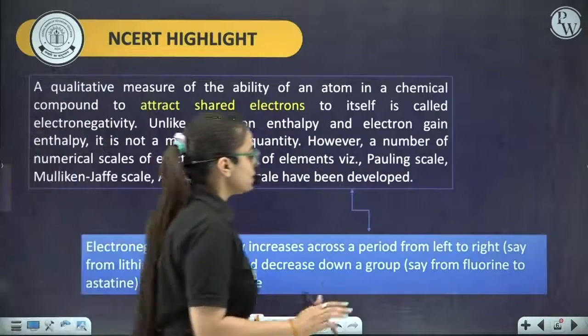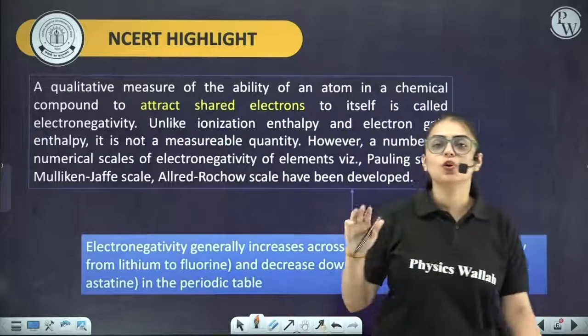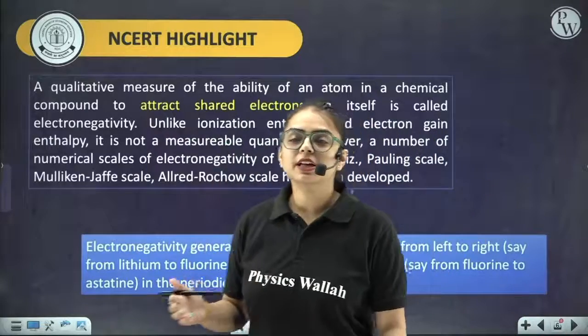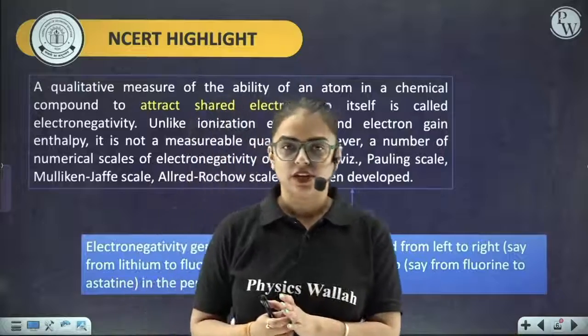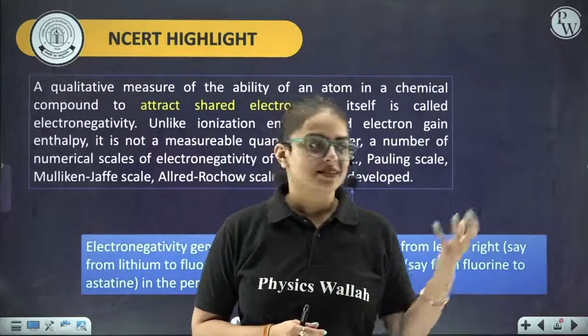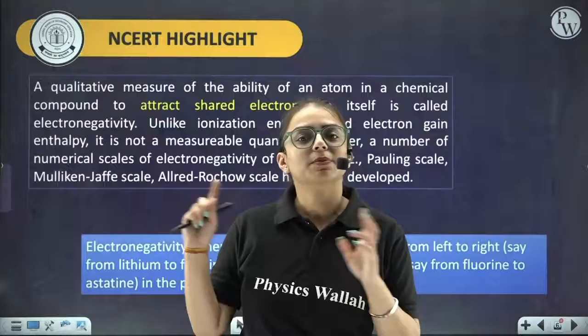One more thing, which is the most electronegative element among the whole periodic table? So let me tell you students, electronegativity is sharing of electrons, right? If I talk about inert gases, they won't share any electron because they are stable. For them, it will be zero.